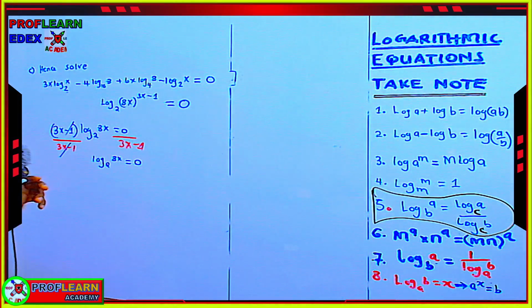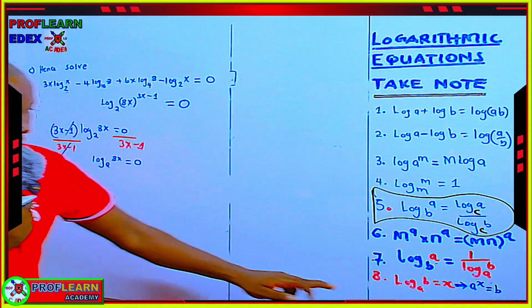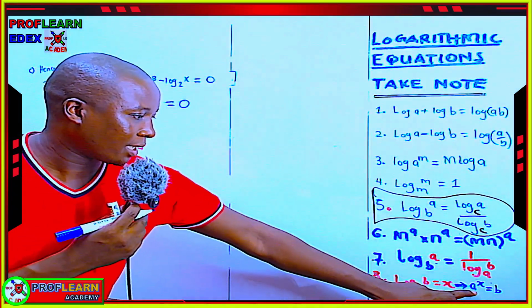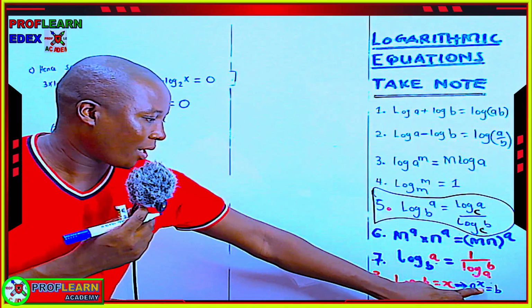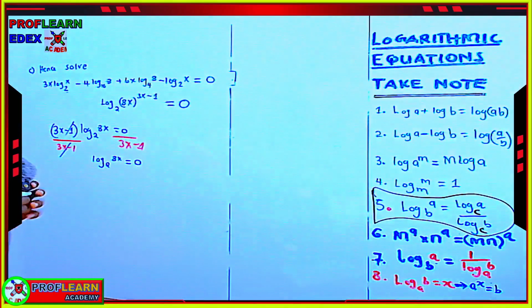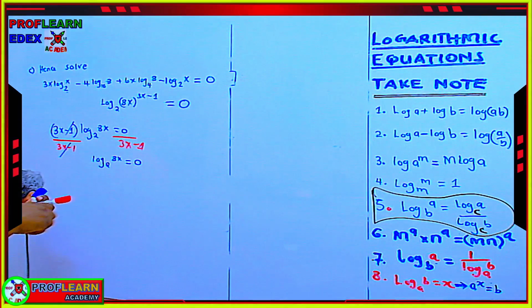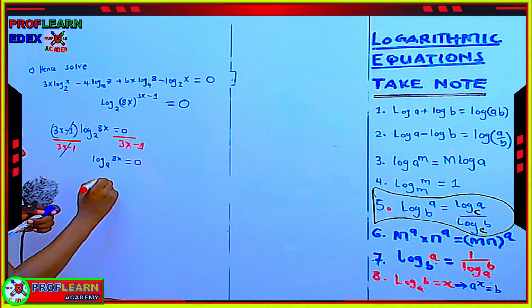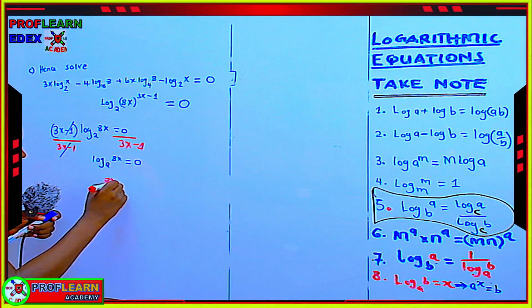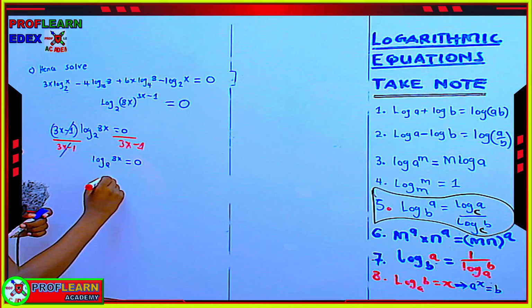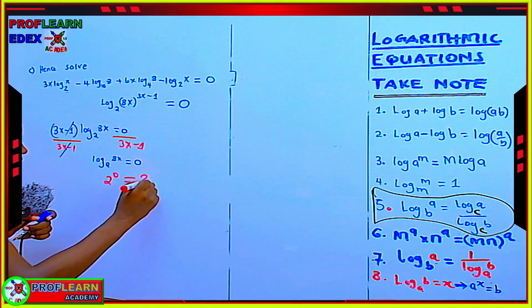Now, in index notation, how can this be expressed? Log b base a equals x can be written as a to the power x equals b, the base raised to the number at this position. So the base here is 2. In index notation, this can be written as 2 raised to power 0 is 8x.